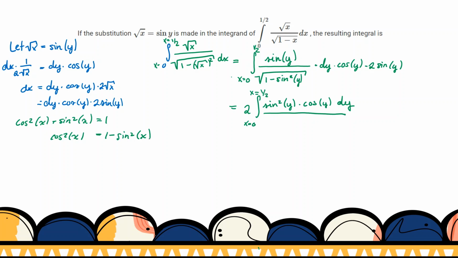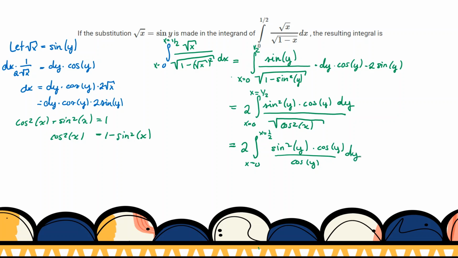So I can plug that in here, and we get cosine squared under the square root. We have 2, when x equals 1/2, when x equals 0, and we'll get sine squared of y times cosine of y over cosine of y, and all in relation to y. And so we see that these cosine y's will cancel out.